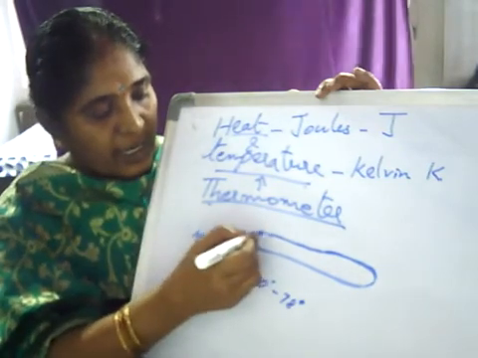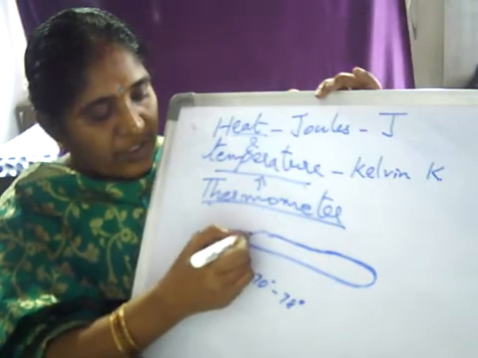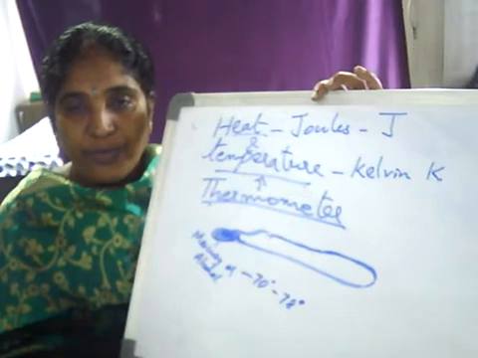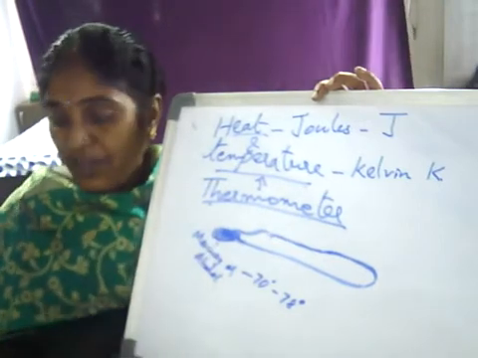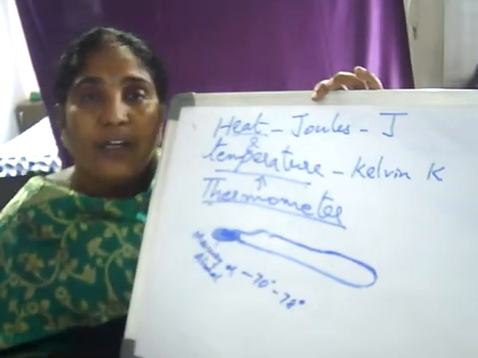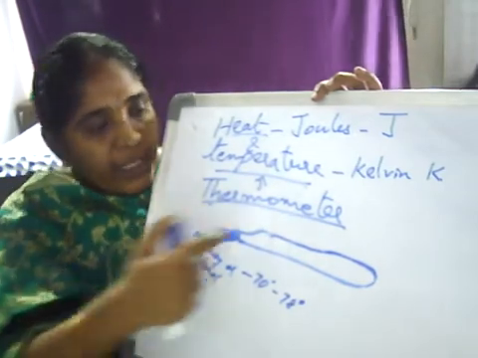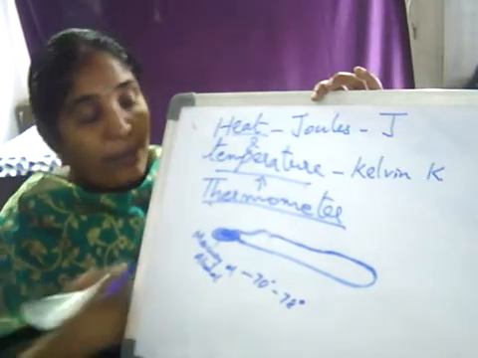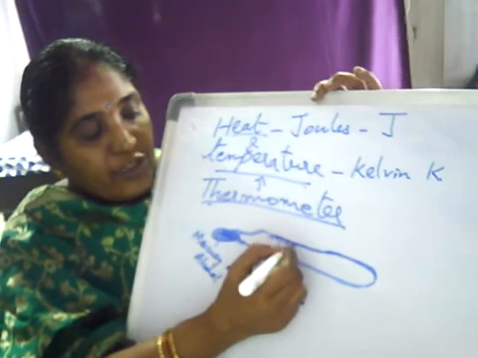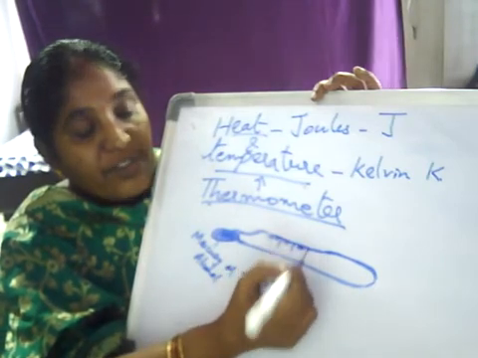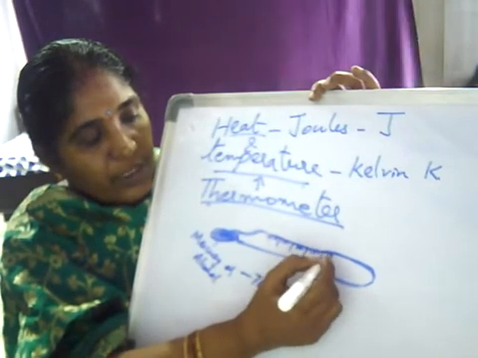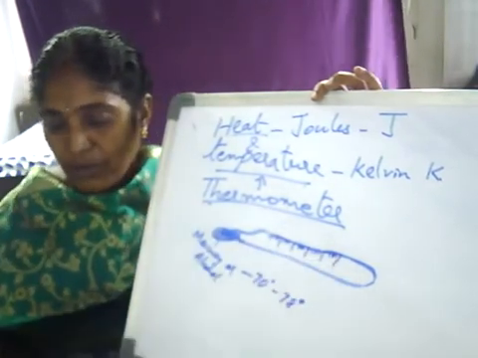And then over here you have a constriction, or what we call a bend also. I'll tell you when we deal with the types of thermometers why you have this bend near the bulb. Then above that glass tube you have a scale. To read the temperature we have a scale written on the glass tube. This is how a thermometer looks.